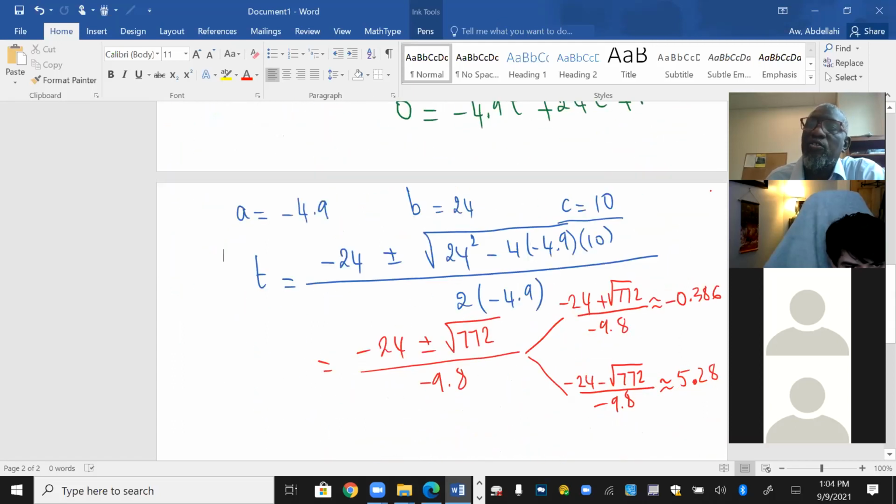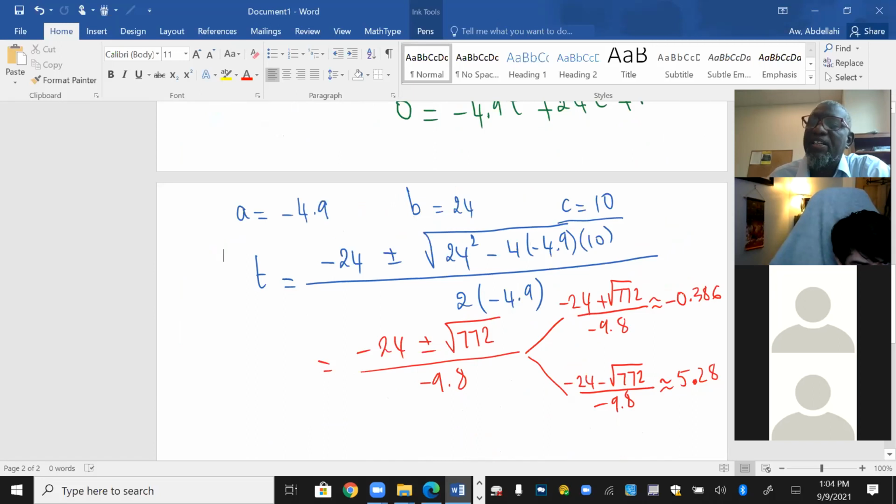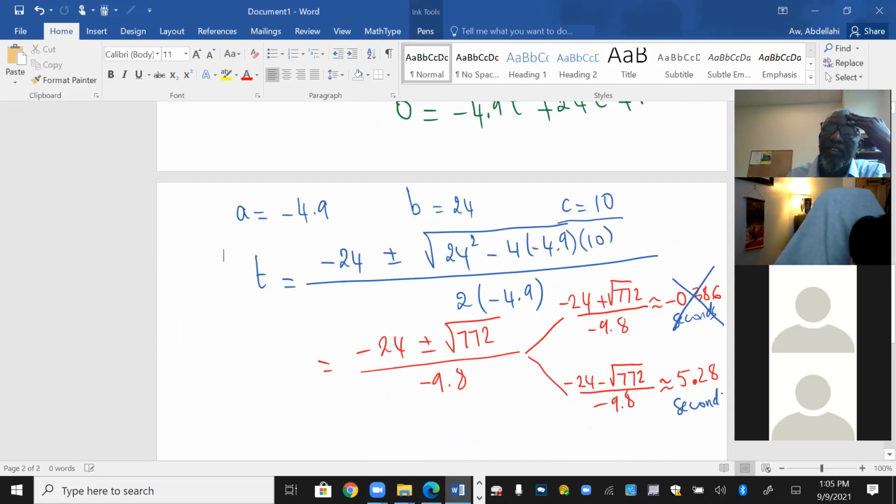Now, we will take the positive response, exactly. The time cannot be negative, right? Because time cannot be negative, this is supposed to be seconds. Negative 0.3 seconds, but we cannot have negative time, so this is not a good answer, and that is a good answer, right? The object will hit the ground after 5.28 seconds, right?